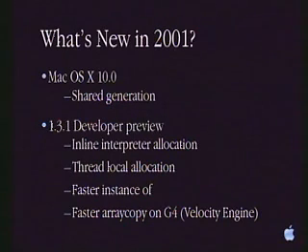We're working on thread local allocation. We have a faster instanceof and faster array copy that is tuned to G4 with the Velocity Engine. We use the same code for our array copy inside the GC to copy the objects between the generations. So we are making use of that code in multiple areas.